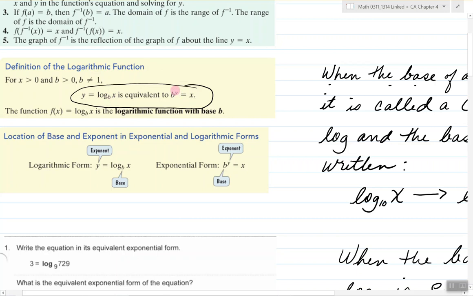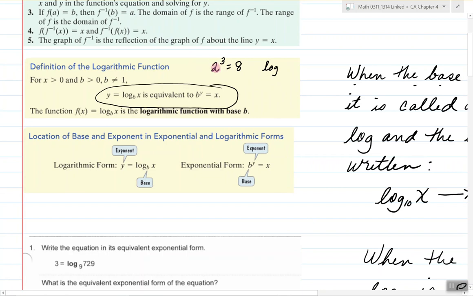So let me give you a little example. If you have 2 to the third is equal to 8, an equivalent statement is to say the logarithm, write the base, here's the base 2, write it as a subscript, small, of the 8 is equal to 3.